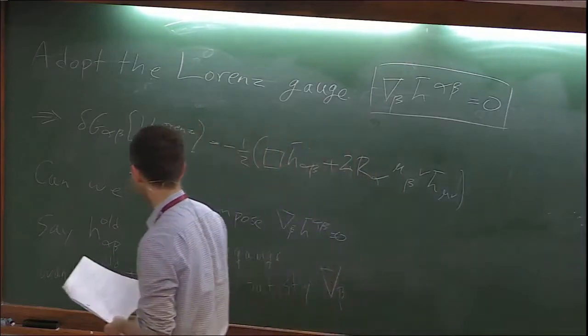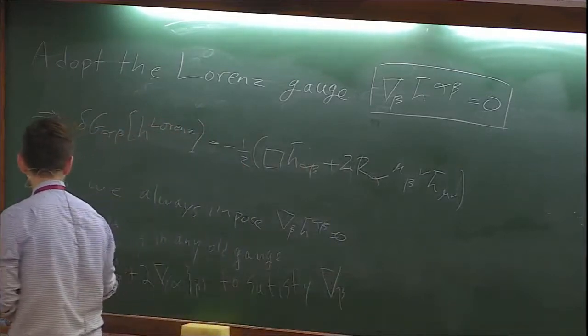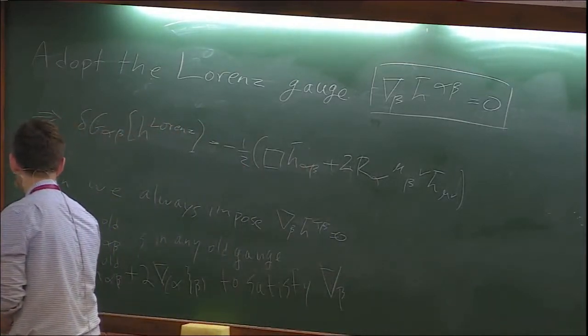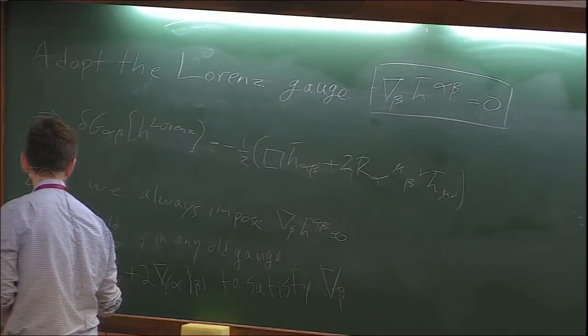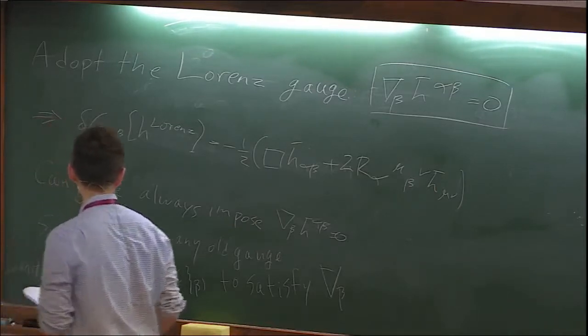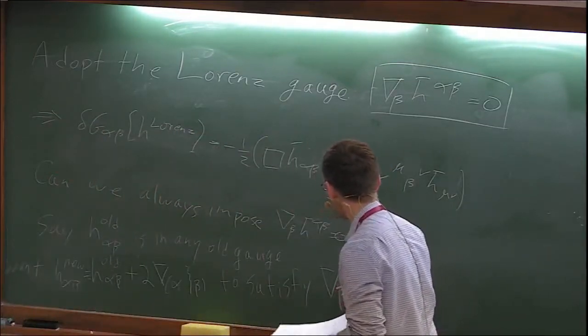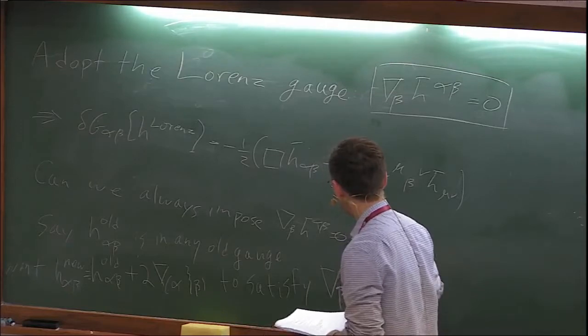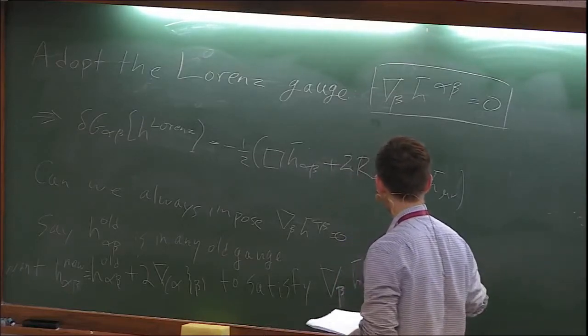Let me call this h nu. So we want h nu alpha beta to satisfy, keep it like that, the divergence of h bar nu alpha beta is 0.